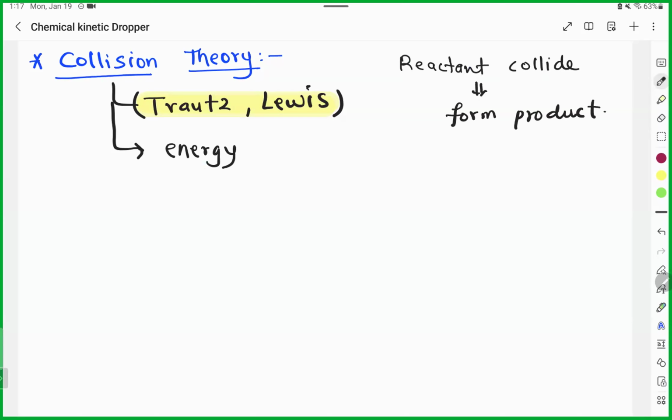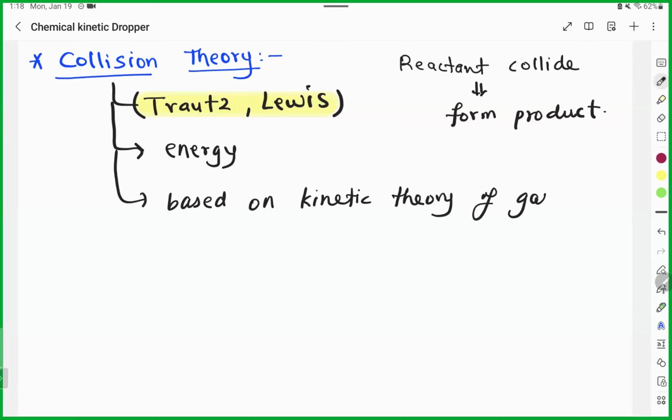Reactants will collide and they will form product. That's the thing. And this is based on the kinetic theory of gas. Why? Because gas particles or any reactant molecules are moving, and moving means kinetic theory.